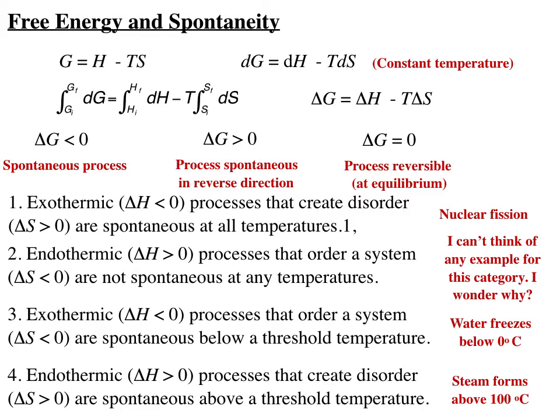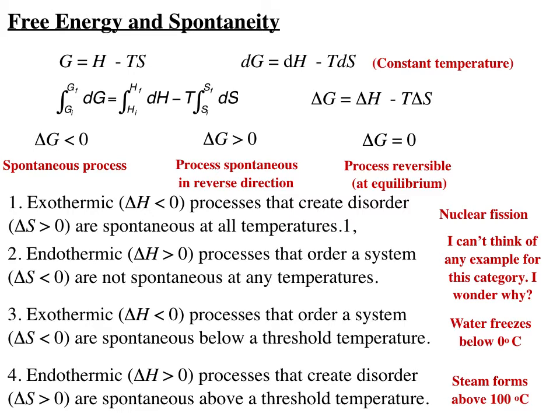Now, of course, we know exothermic processes have negative enthalpy, endothermic processes have positive enthalpy, randomizing processes have positive entropy, and ordering processes have negative entropy.